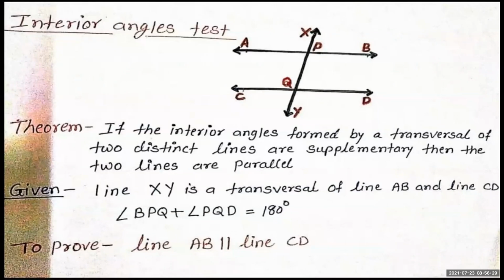Okay, and angle BPQ plus angle PQD will be equal to 180 degrees because those angles are interior angles, and as those are supplementary, their measurement will be 180 degrees. So that is given, and we have to prove those 2 lines, line AB and line CD, are parallel to each other. We have to prove it.